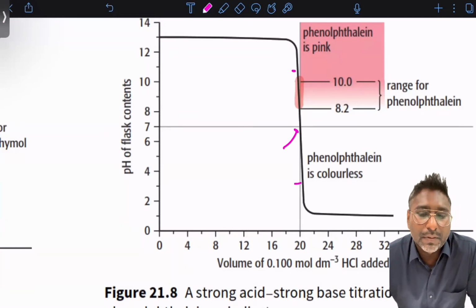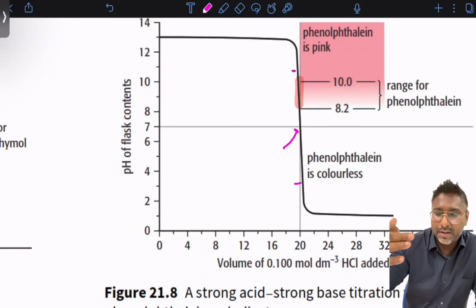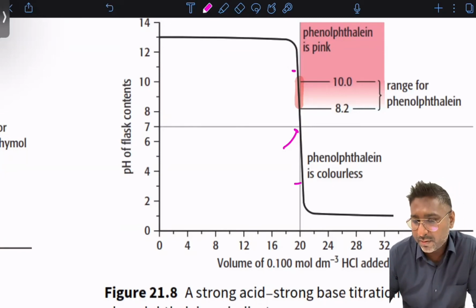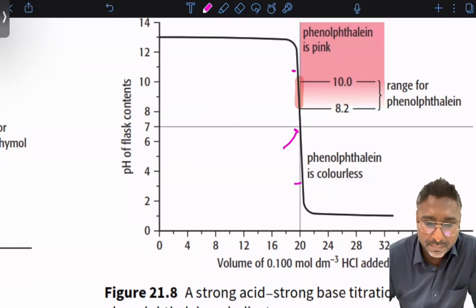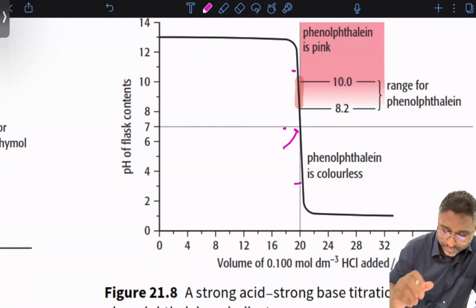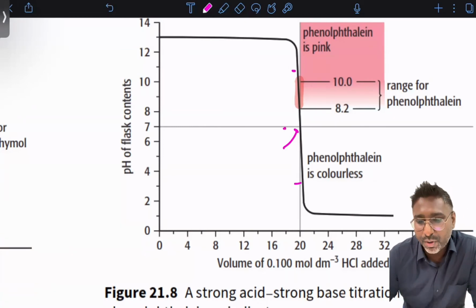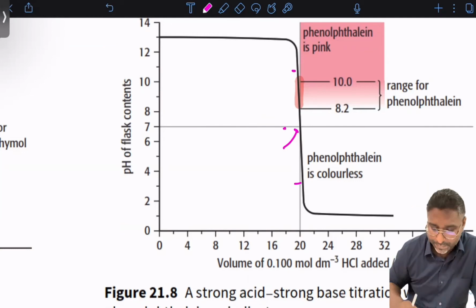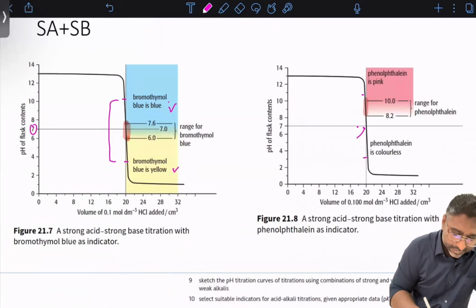It can give you a color change, the pink changing into colorless. So it's not necessarily within 7, just within 3.5 to 10.5. Something you want to memorize. Now that's for strong acid and strong base.